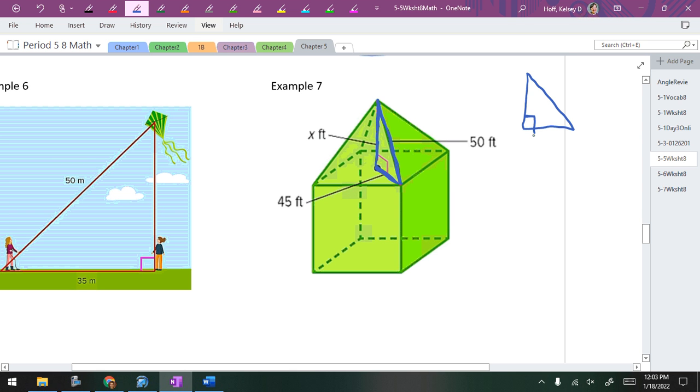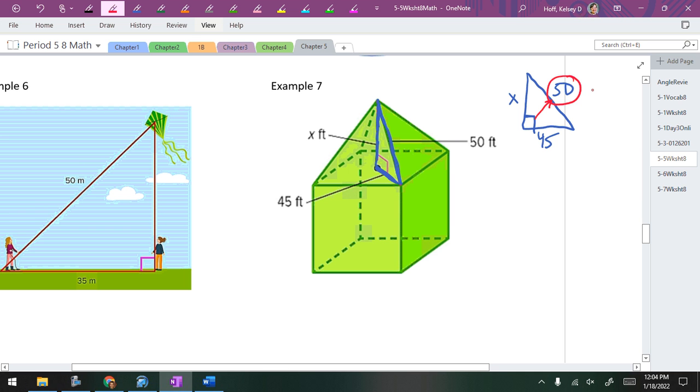Okay? What is this leg in the diagram? X. What is this leg? 45. And your hypotenuse is 50. Miss Hoff always says, draw an arrow from the 90 degrees straight across. That is what letter?